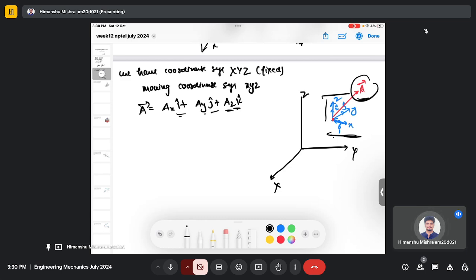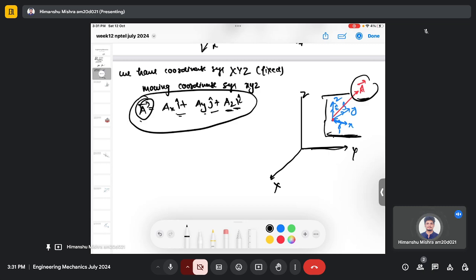Now, if I want to study the rate of change of this vector A in time, then I need to take its time derivative, right? But its time derivative should account for the change of magnitude of A as well as the direction of A. Also just note that capital XYZ is the fixed frame, and this blue small xyz frame is the moving frame.